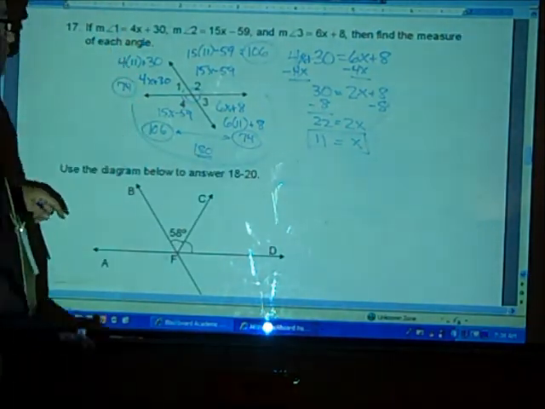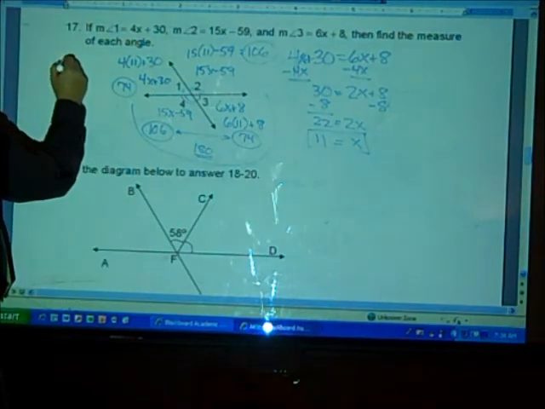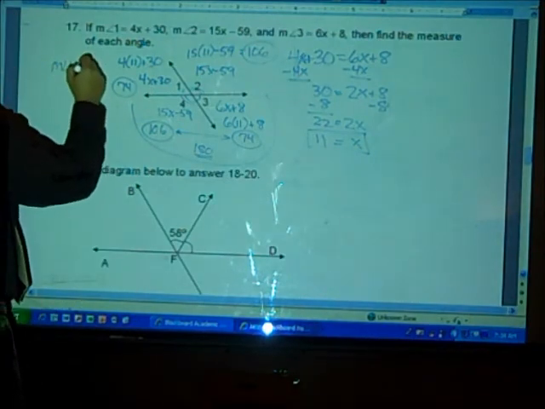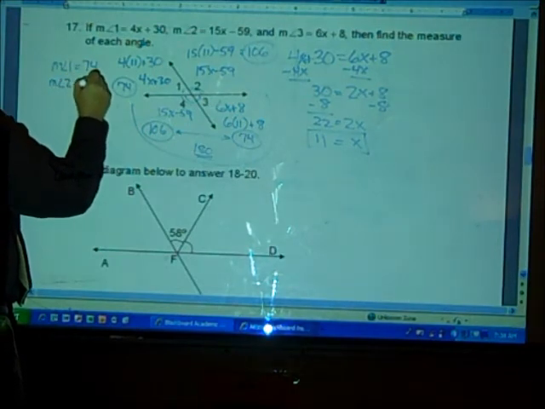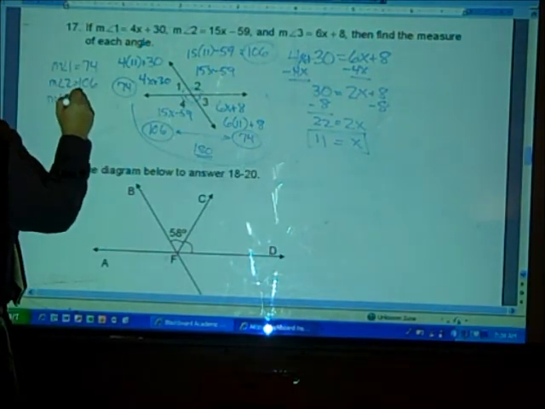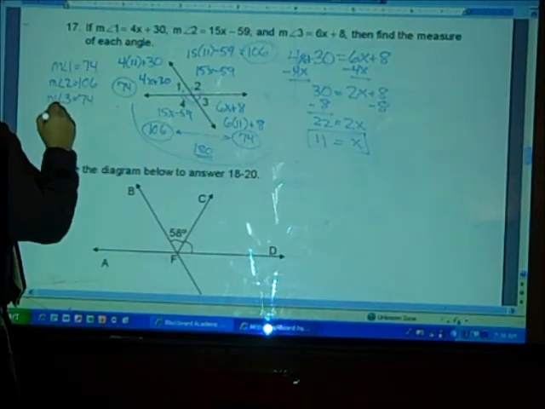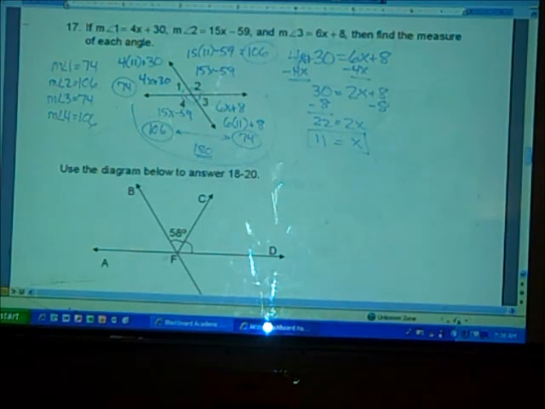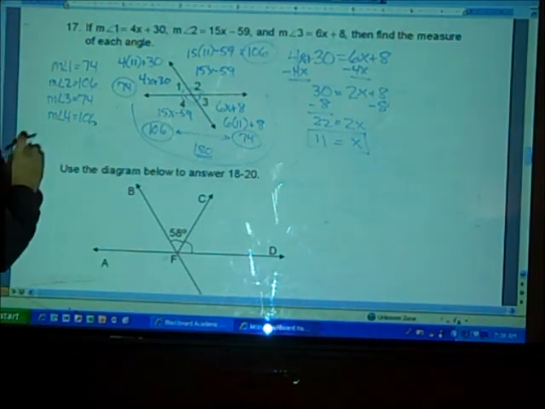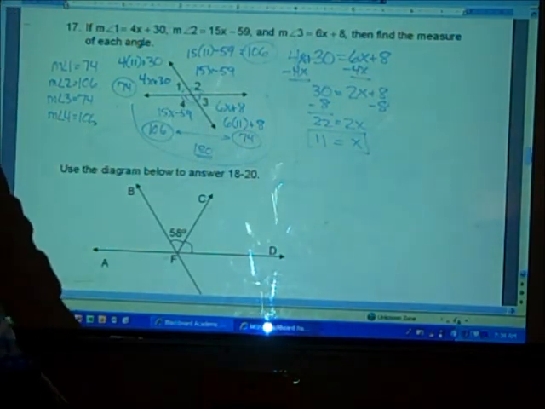There's our answers. Measure of angle 1 equals 74. Measure of angle 2 equals 106. Angle 3 equals 74. And that is number 17.